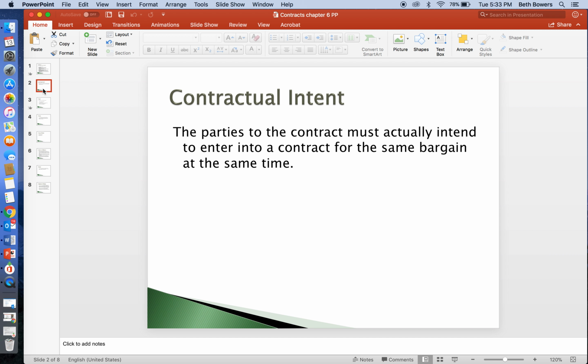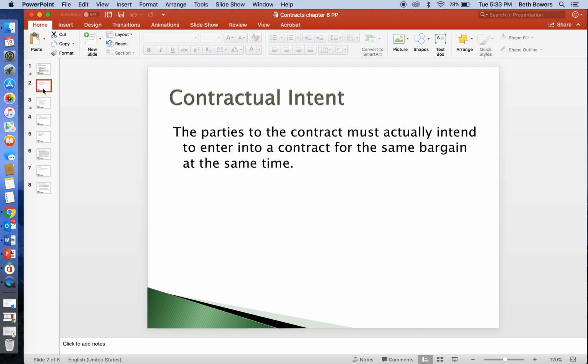So again, just to redefine this concept, which we have talked about in prior classes, we have to have contractual intent, and that's evidenced by the parties entering into an agreement, a relationship, under the same terms. So again, we have this meeting of the minds.